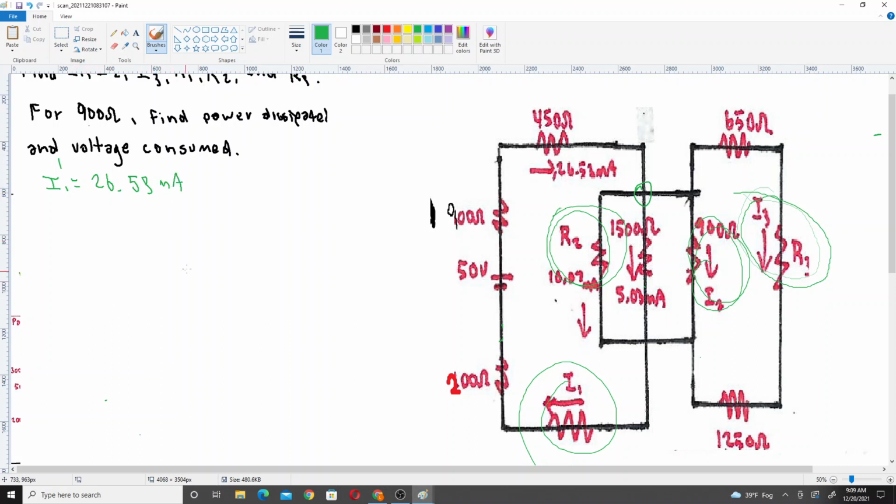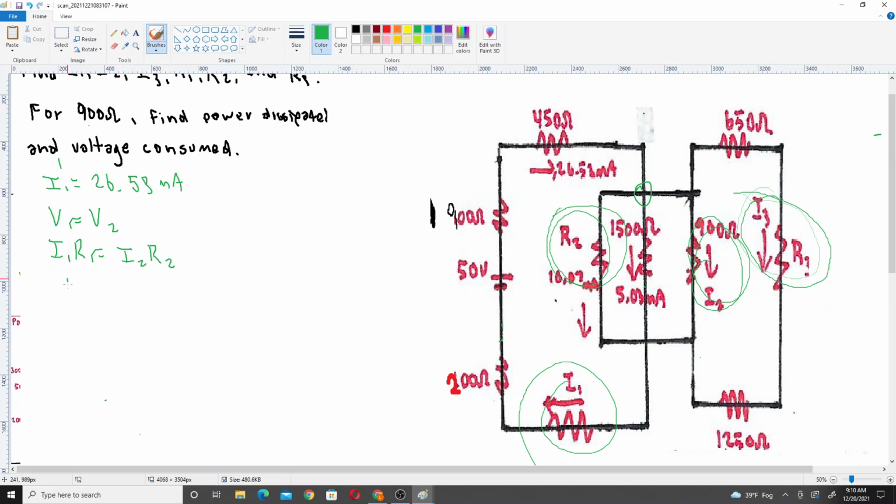So that's I1. For R2, the next rule about circuits and electricity we use is that the voltage drop across parallel circuits or parallel branches is the same. So for R2, we can say V1 is equal to V2, and then I1 R1 is equal to I2 R2.